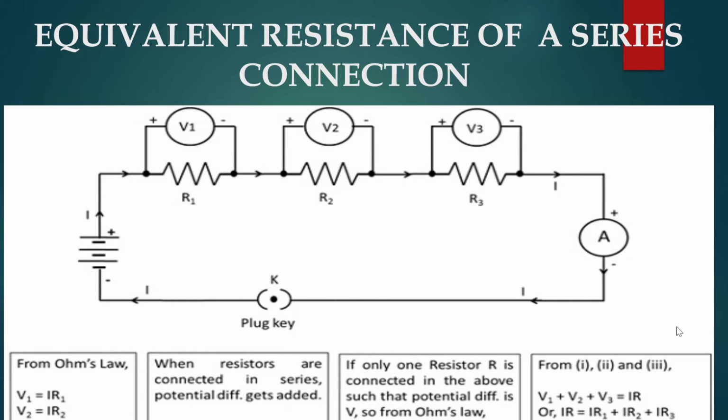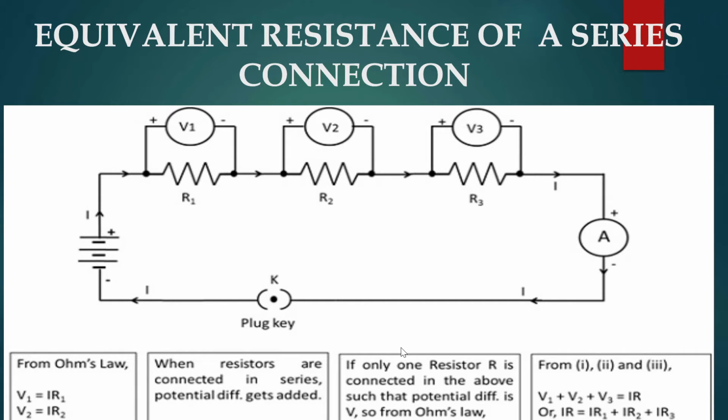But what is V? V is nothing but IR. So IR is equal to IR1 plus IR2 plus IR3. Now, since I is common throughout, we can write the resistance of this series connection as R equivalent equal to R1 plus R2 plus R3 for three resistors.